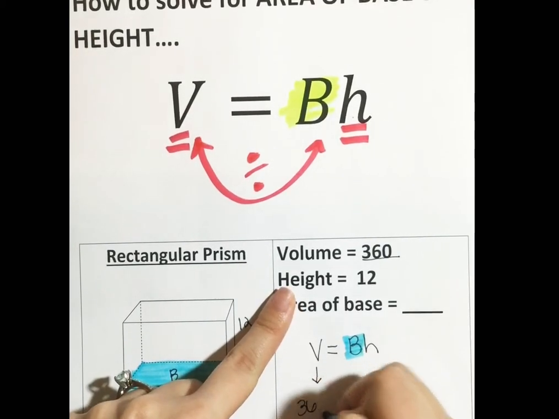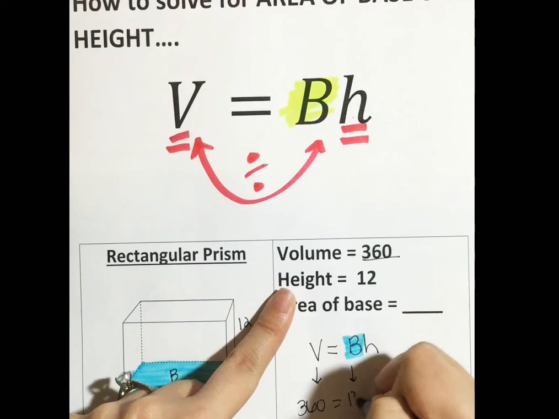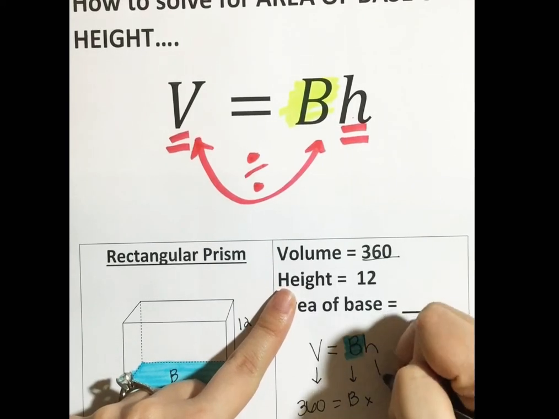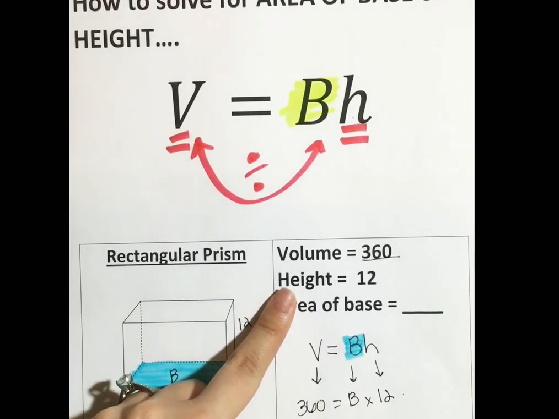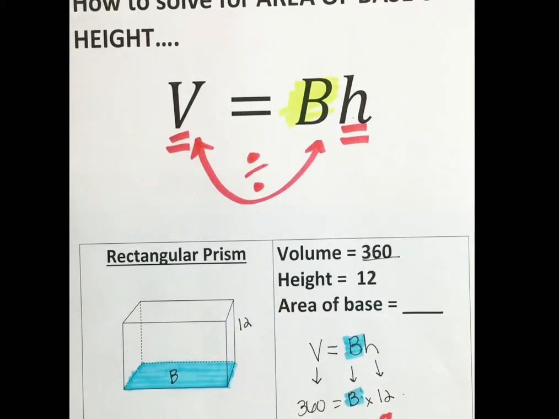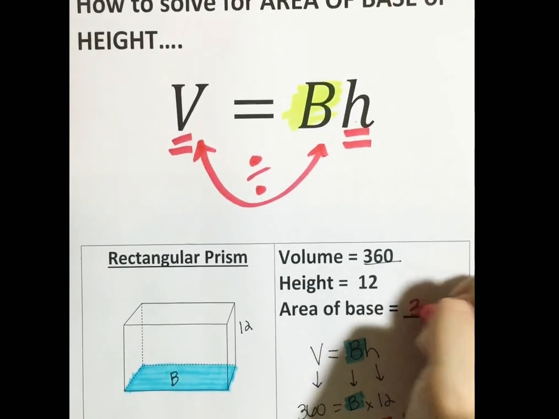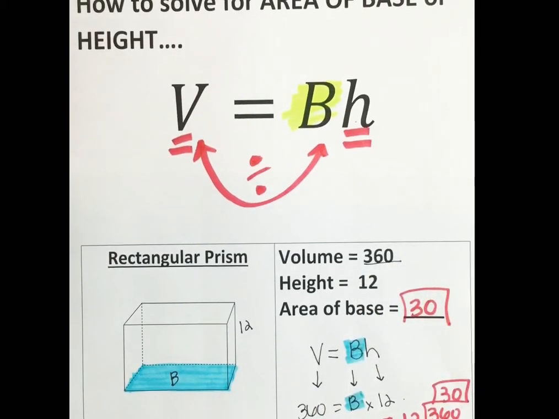Volume 360. The base, I do not know it. The height is 12. Okay, so what are you going to do with the 360 and the 12? You're simply just going to divide. So you're going to divide 360 divided by 12. That's going to give you 30. So the area of your base would be 30.